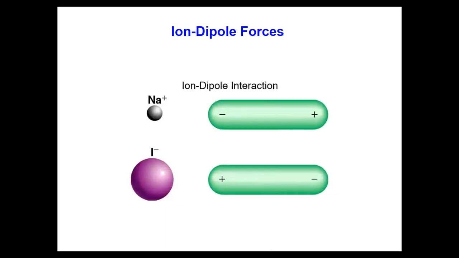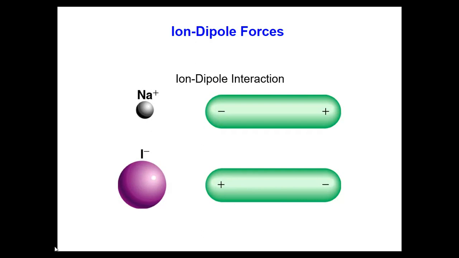The next strongest type of intermolecular forces are called ion-dipole forces. These are very specific forces that will be present when we have something that's ionic, like sodium iodide, dissolved in a polar solvent, for example, water.